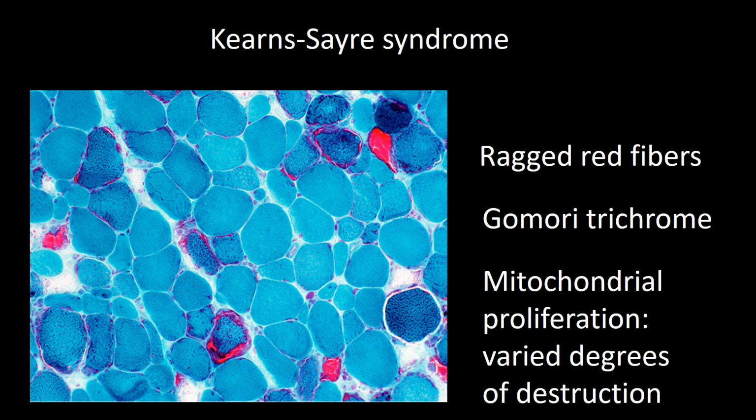They consist of proliferation of defective mitochondria in varying degrees of destruction, giving the appearance of a red rim and speckled sarcoplasm. You can see this appearance here indicated by the arrow, and the speckled sarcoplasm now pointed by the arrow. Patients with Kearns-Sayre syndrome have heart problems consisting of conduction defects.